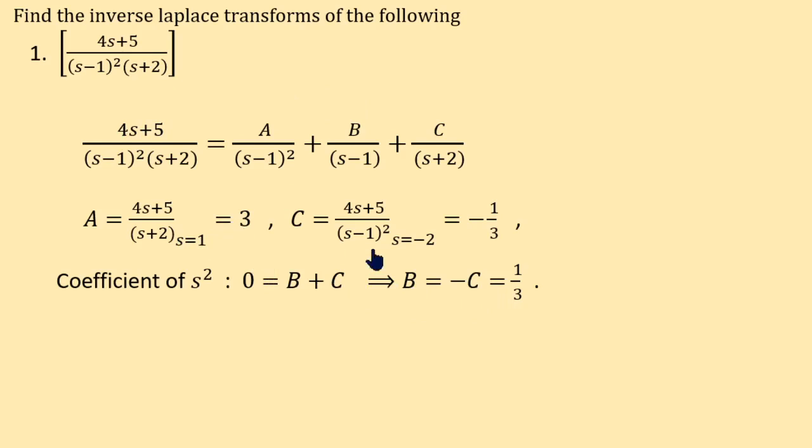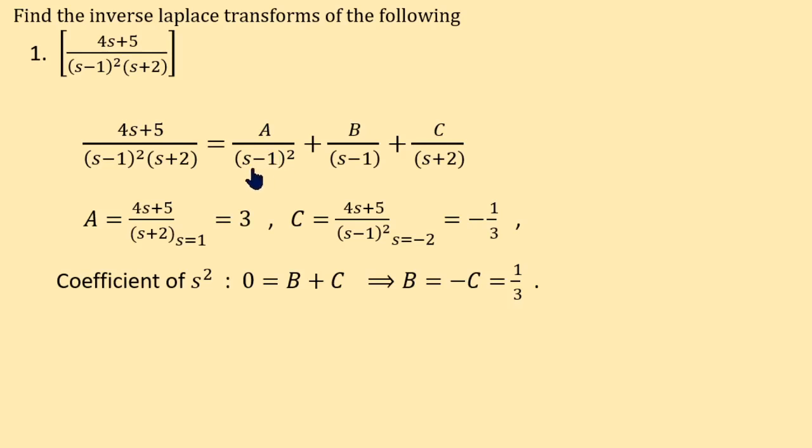After finding a value, b value and c value, inverse Laplace transform of this is nothing but inverse Laplace transform of 3 by (s minus 1) whole square plus 1 by 3 by (s minus 1) minus 1 by 3 by (s plus 2). And we know the formula.